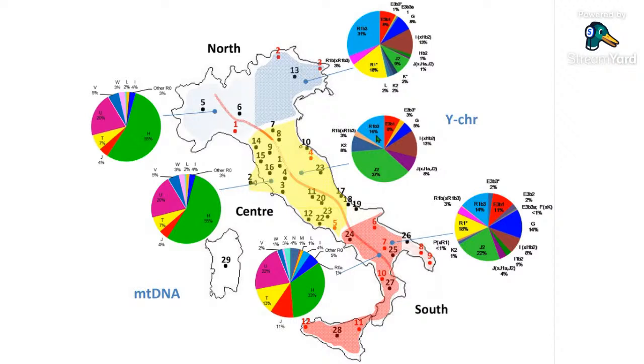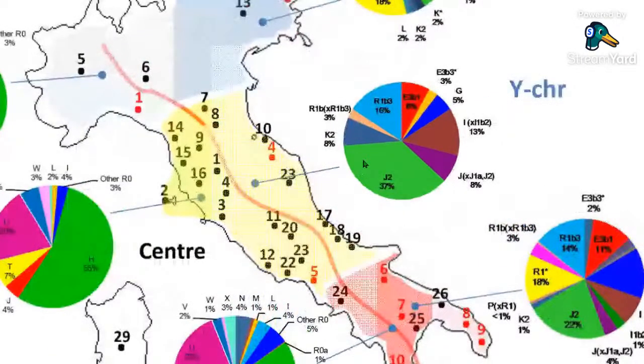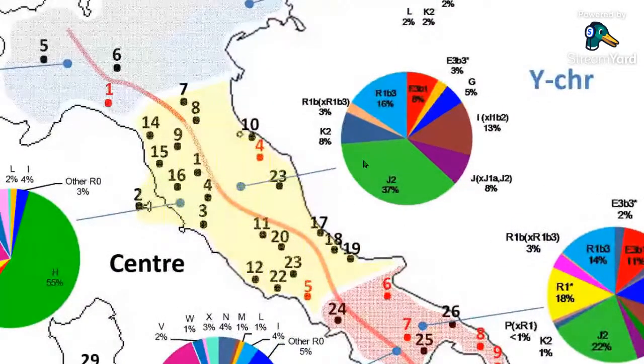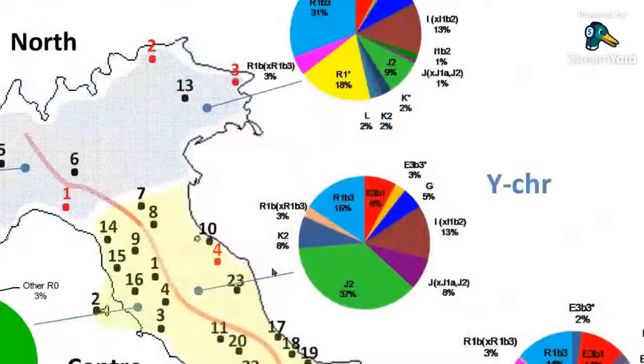Neither one of these R1bs. So K is still represented in Italy. I always forget to zoom in on it. As you can see, of course, J2 is basically Judaic, and you can see the percentage of the Judaic population in Italy.